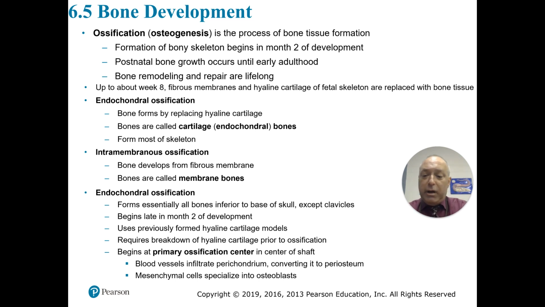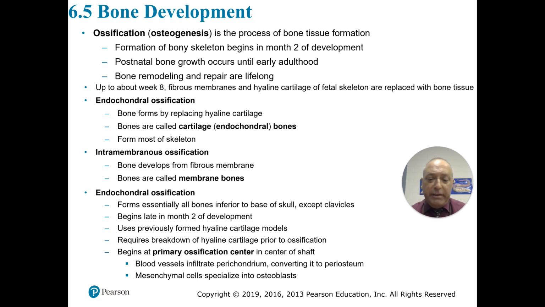A little bit more on endochondral ossification. It forms essentially all bones inferior to the base of the skull except for the clavicles. The development begins in month 2 of development in utero, and uses a hyaline cartilage model, where it's going to just record over this model the bone.